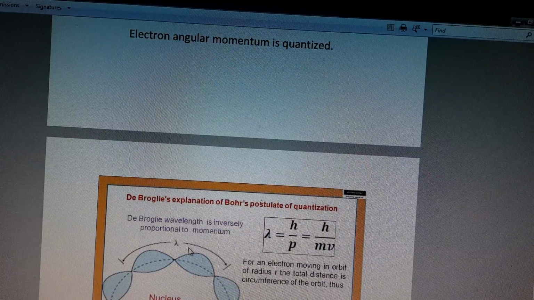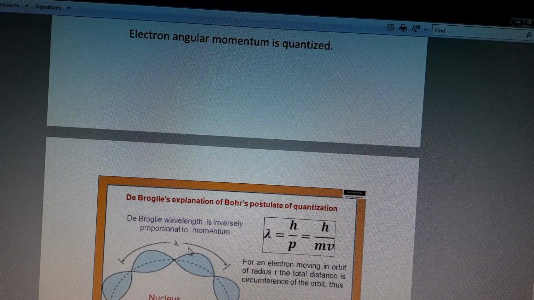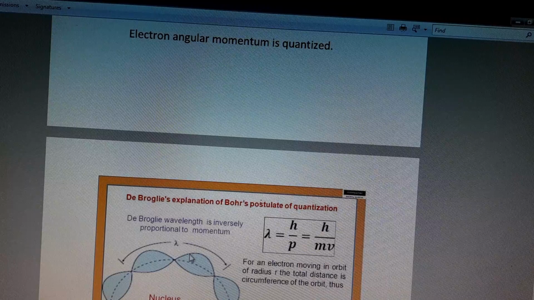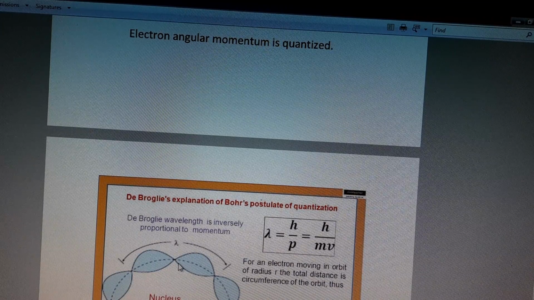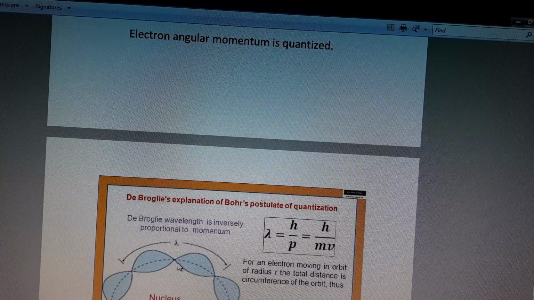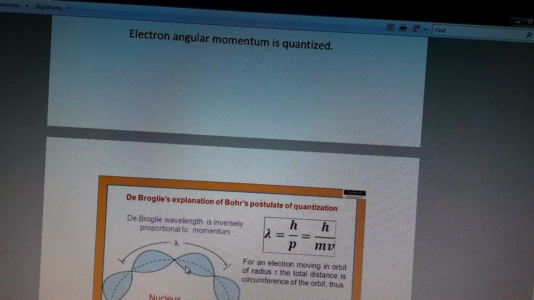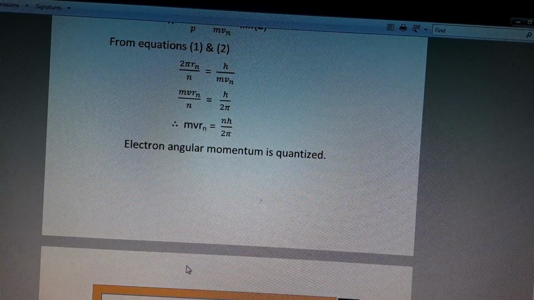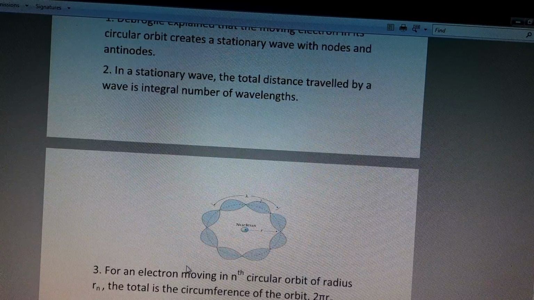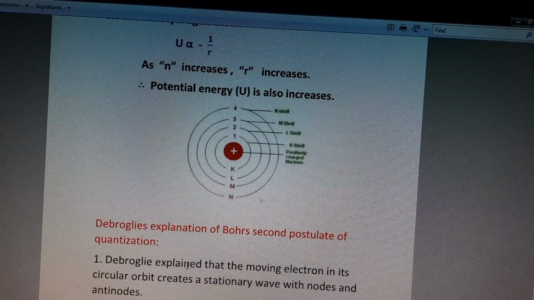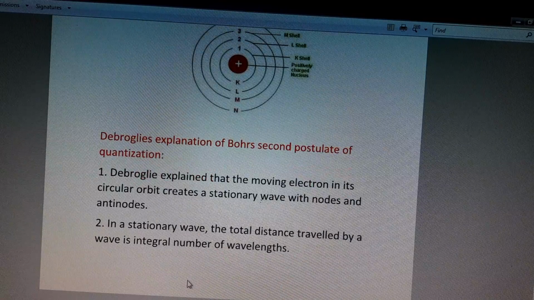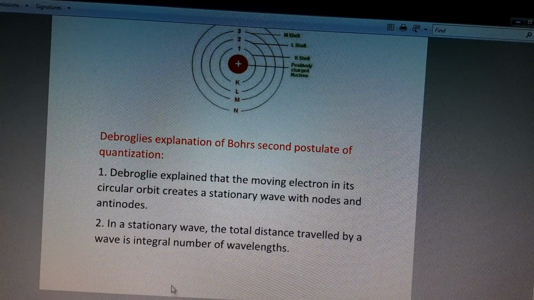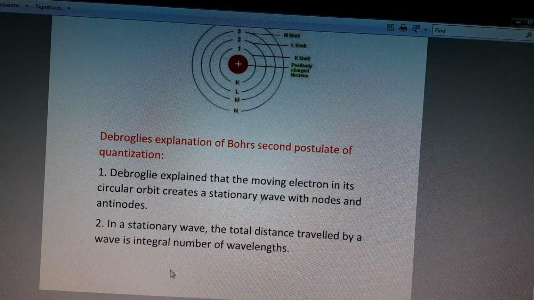In the same manner, the spectral series of the hydrogen atom, and also the limitations and drawbacks of the hydrogen atom according to Bohr's theory. Next, we calculate the kinetic energy and potential energy of the electron revolving around the nucleus. And the last one is the de Broglie explanation of Bohr's second postulate of quantization.